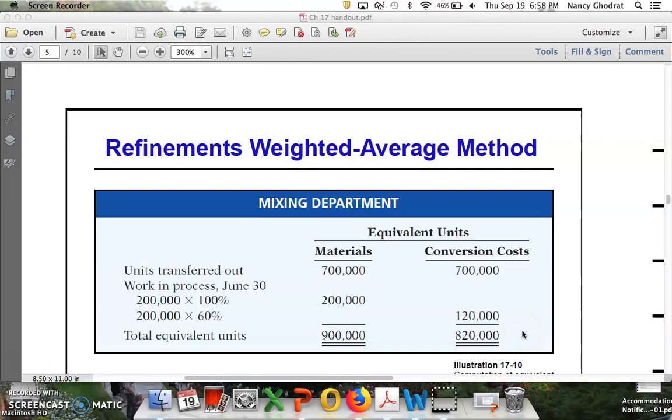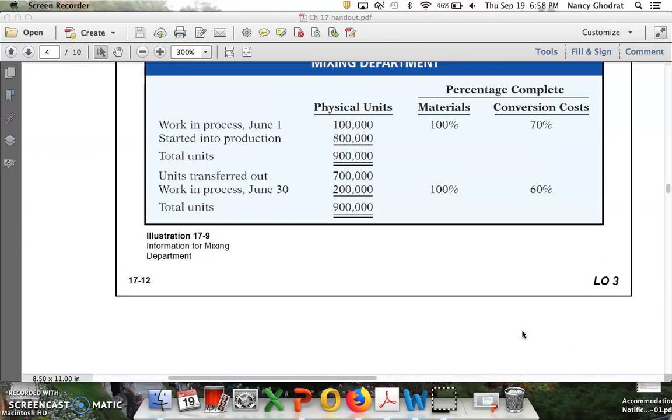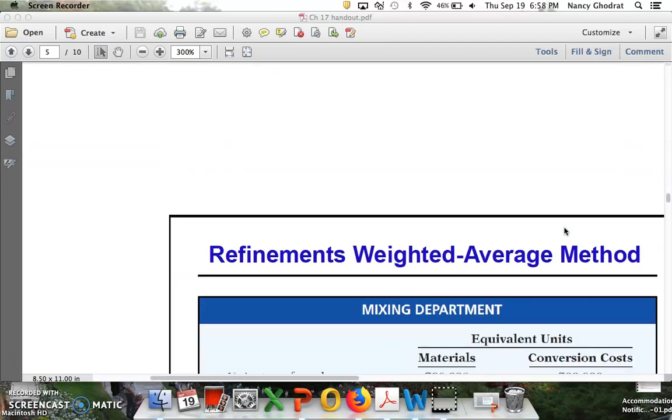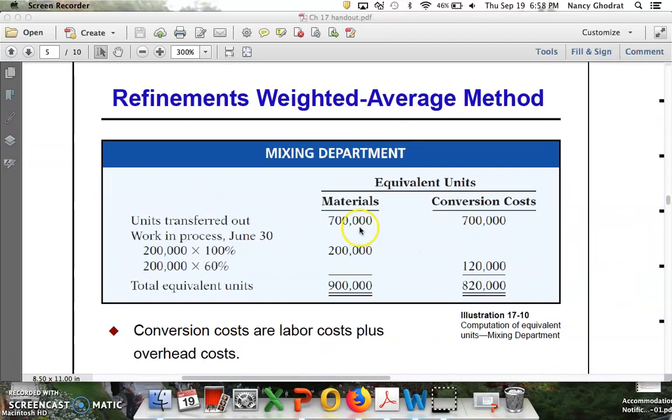So the second step in preparing a production report is converting the physical units given to us, the bottom portion of it, the units transferred out and work in process, into equivalent finished units based on the percentage that is given to you for material and conversion cost. Remember that units transferred out are always 100% complete for material and conversion costs.